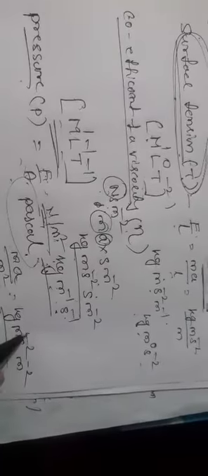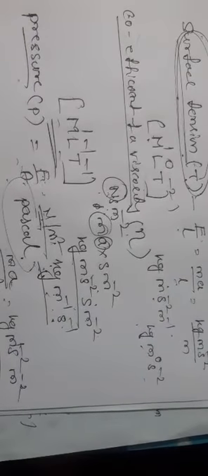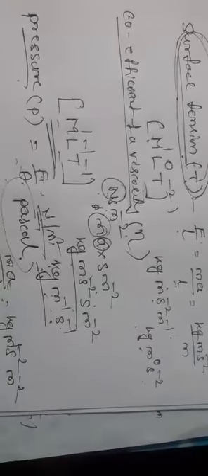The unit of acceleration is meter second inverse square, and area gives meter inverse square. Simplify: kg, meter power 1, meter power minus 2 gives meter power minus 1, second power minus 2. So kg power 1, meter power minus 1, time power minus 2.